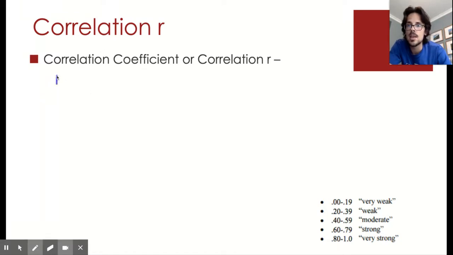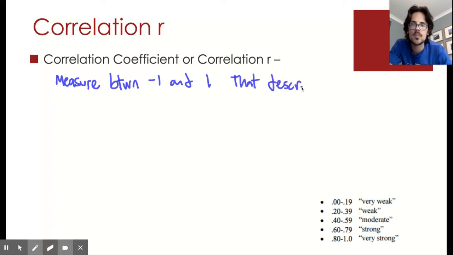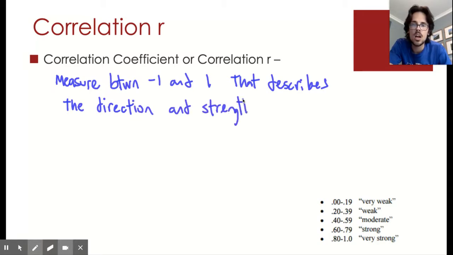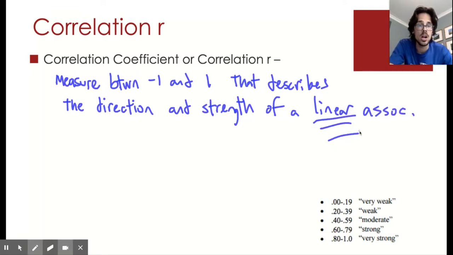It is going to be a measure between -1 and +1 that describes the direction and strength of a linear association or a linear relationship. And I'm going to underline the word linear a couple of times.